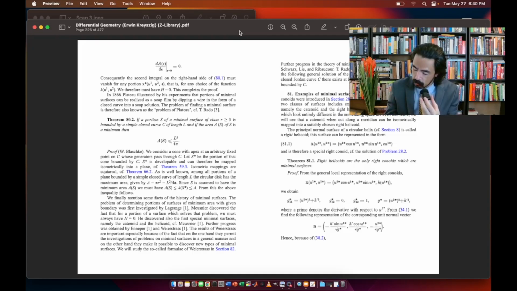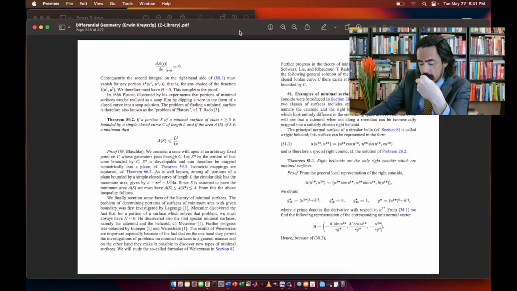Here's another pop trivia about Weierstrass that maybe some of you might not know: there's the Weierstrass function, which is a real valued function that is continuous everywhere but differentiable nowhere, and is an example of a fractal curve. You can look up a picture of it, but it's really relevant as a counterexample in analysis.